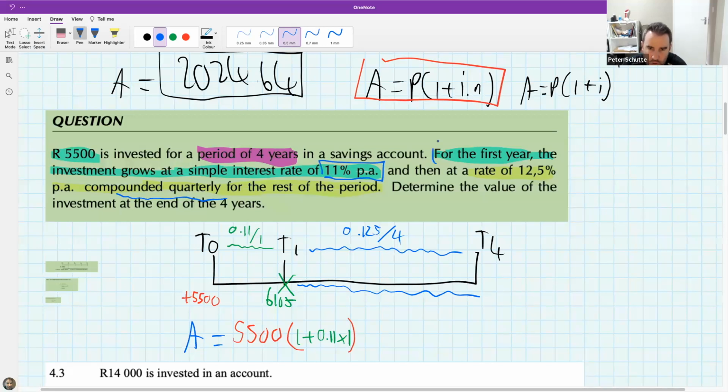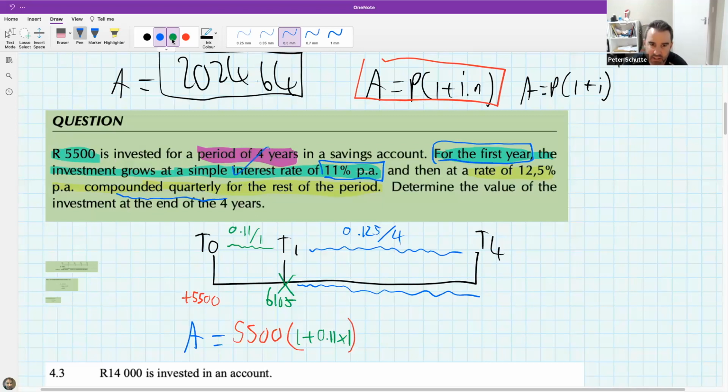And so it only grew for the first year at simple interest. So the first year is from T0 to T1. And the interest rate for that first year is 11% per year. So there's just an 11% sitting here that applies to the 5,500 for the first year. And I've used the simple interest formula because it said to me, use the simple interest rate.